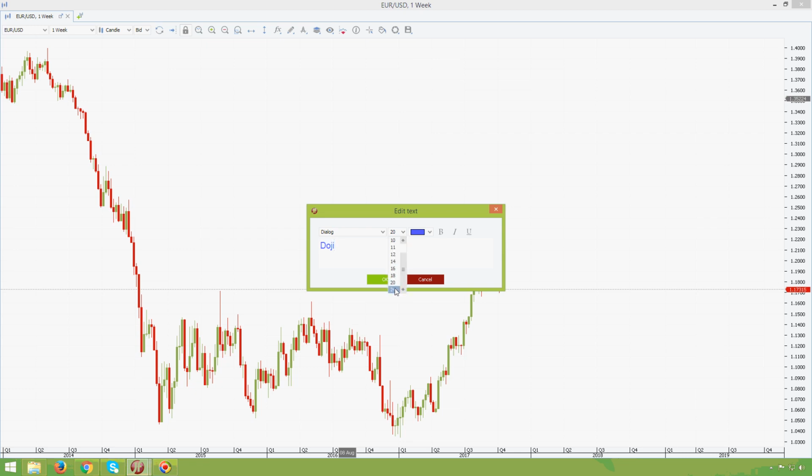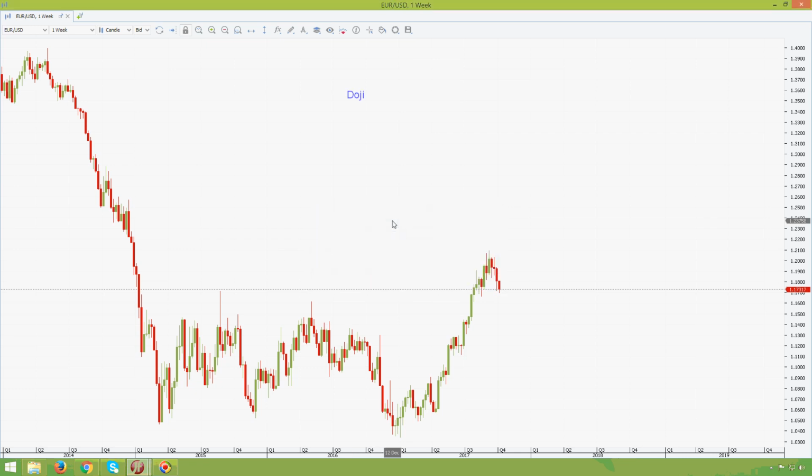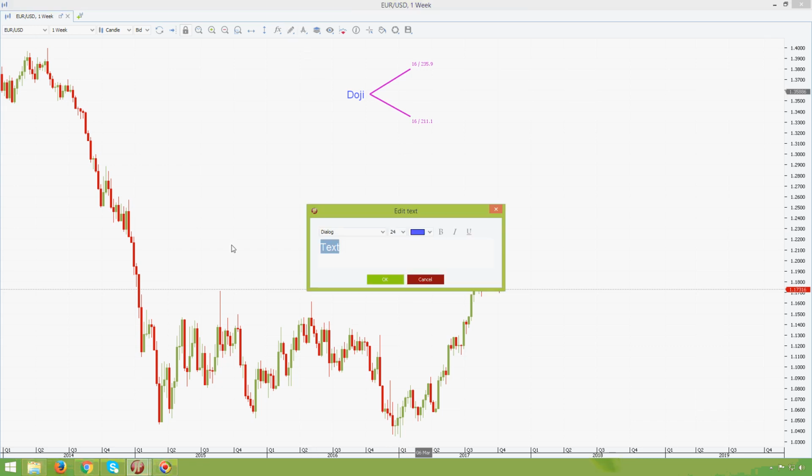Now, the problem with the Doji candle is that while being a single candle, it does have a very important contribution to both reversal patterns and continuation patterns. And most of all, it shows uncertainty.